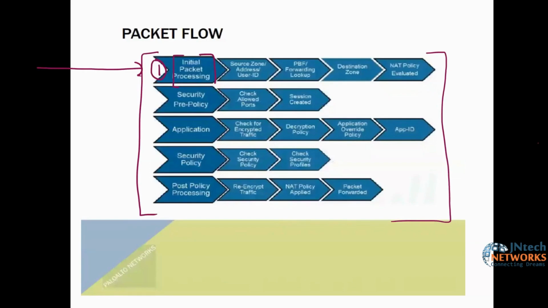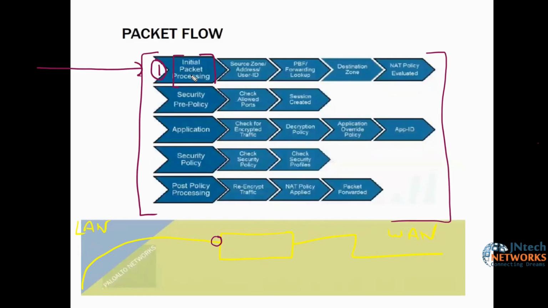In initial packet processing, the firewall is trying to verify this traffic. For example, traffic comes from the LAN side and tries to go to the WAN zone side. When it hits the ingress interface, the firewall will first do initial packet processing.